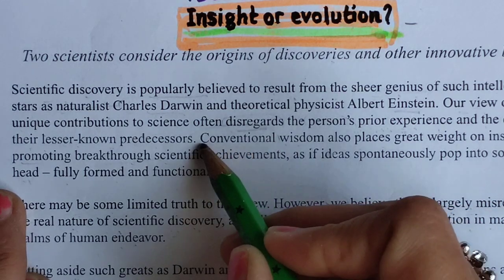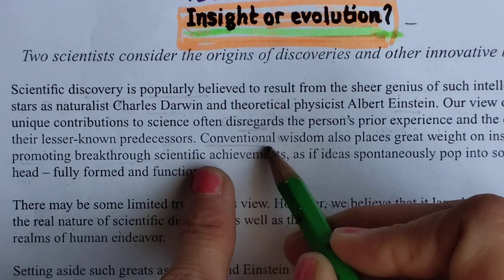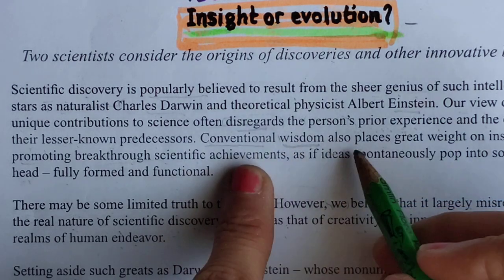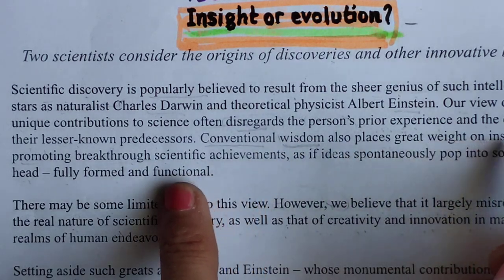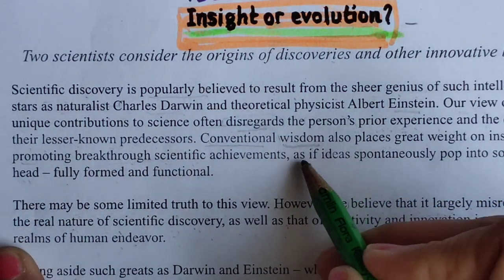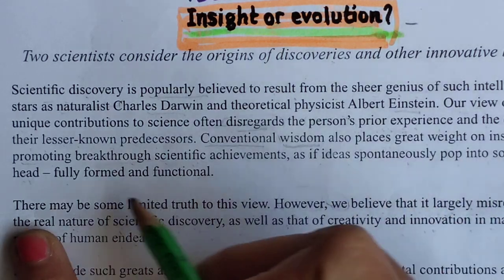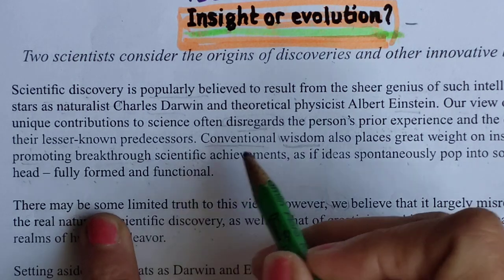Conventional wisdom, conventional means traditional or old traditional beliefs, also places great weight on insight in promoting breakthrough scientific achievements, as if ideas spontaneously pop into someone's head fully formed and functional.